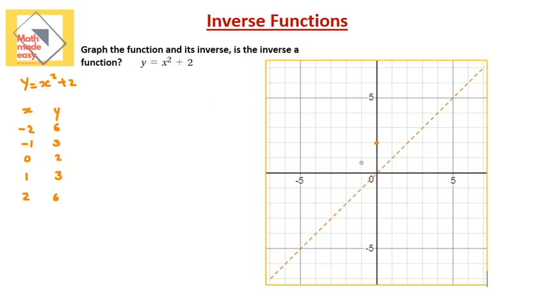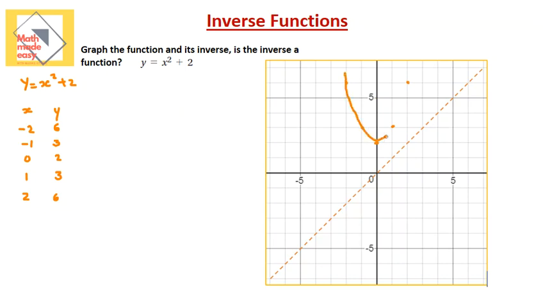So the values of x and y I have are as follows, so I can actually graph this function. I already know that (0, 2) is the first one. I have (-1, 3), so this is my second point. I have (3, 6), this is my third point, on both sides of the y-axis.